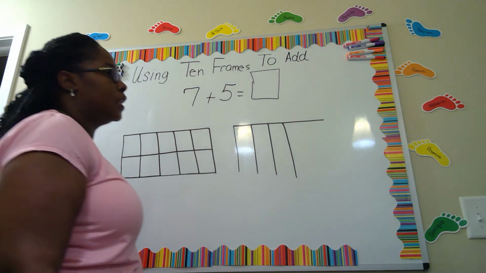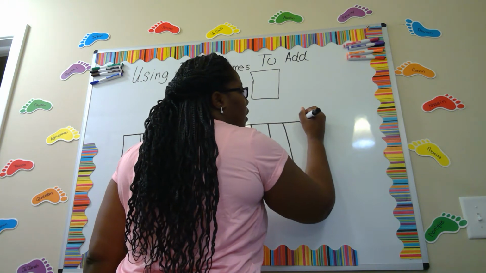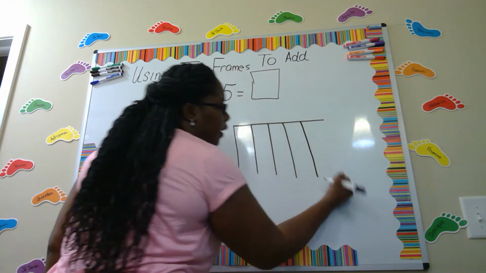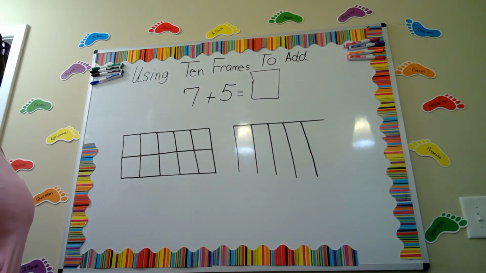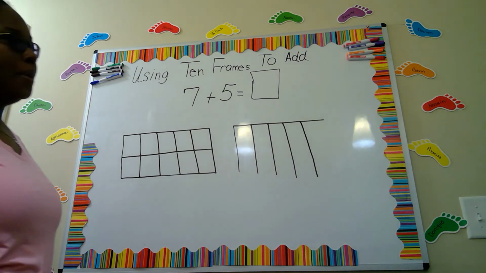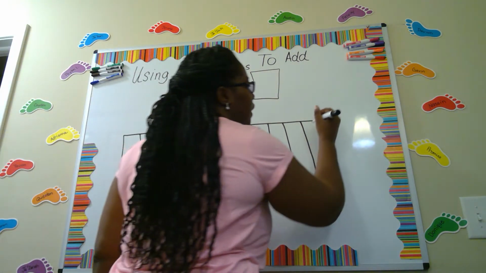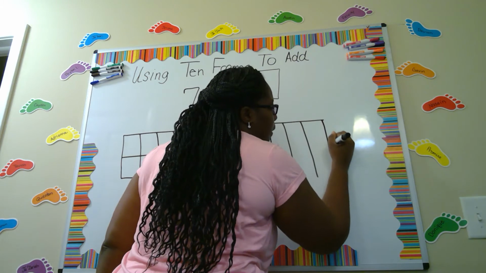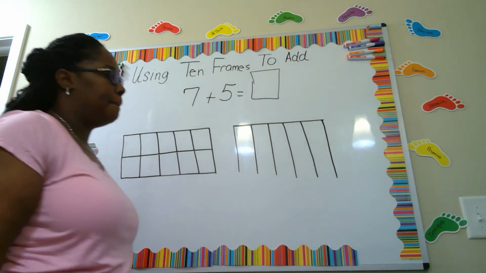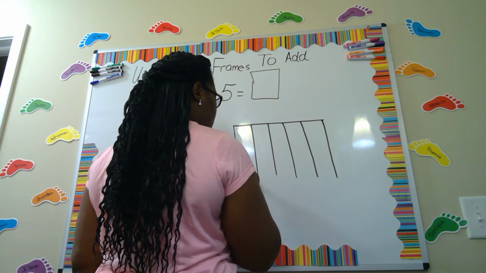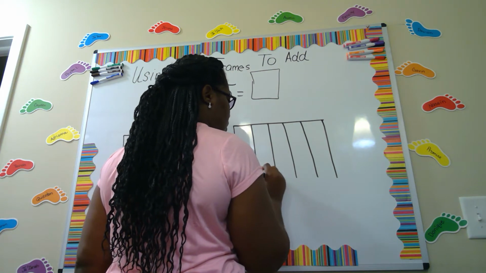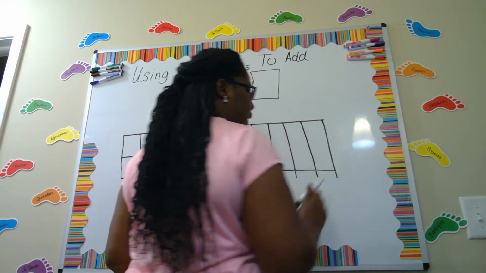Use my 3 fingers again. Draw another line down. And then finally close it out by drawing another line down. And then we're going to close it out. Okay.